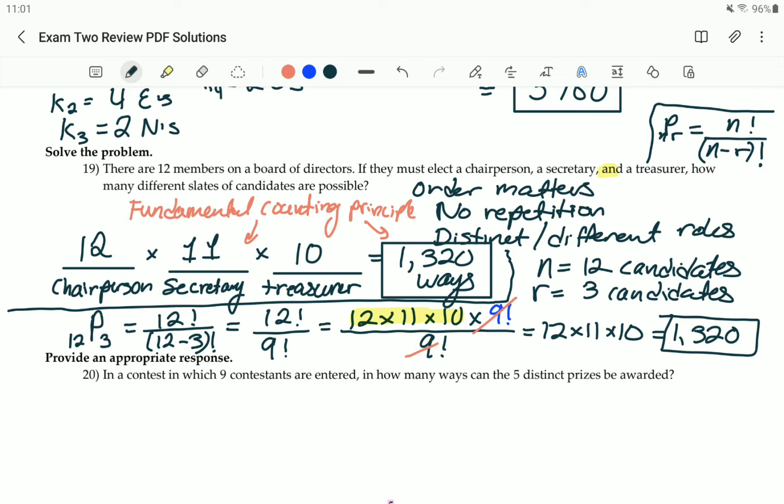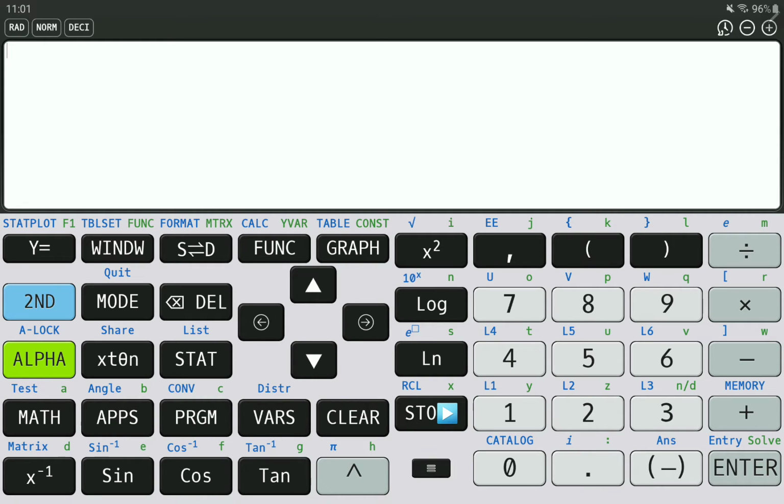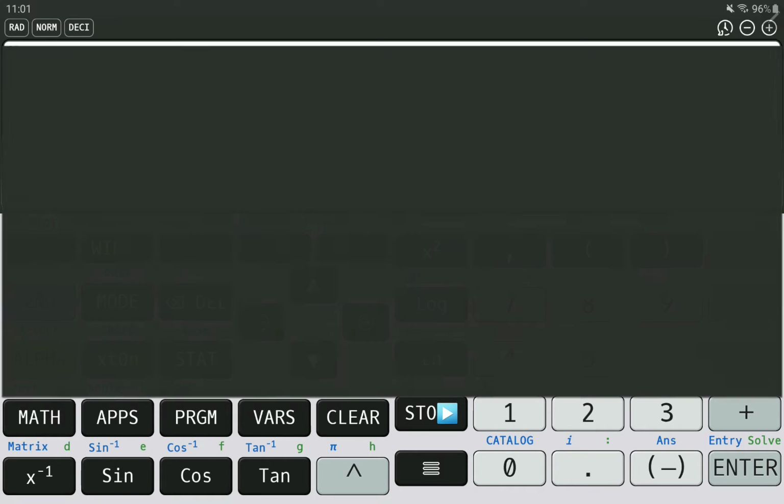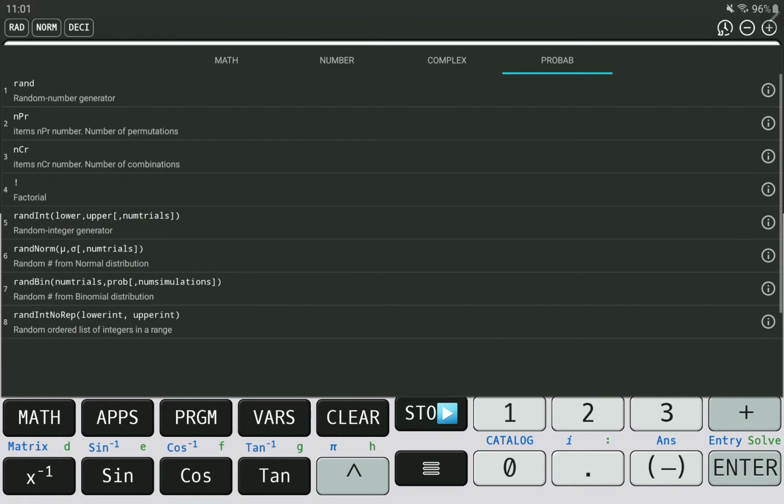And then the last way you can find your answer for a question like this is by doing it in your TI-83, 84 calculator, or any calculator that has the functions. Let's go ahead and compute the permutation. Put in your first number, which is 12. After that, you're going to go to math, go to PRB.